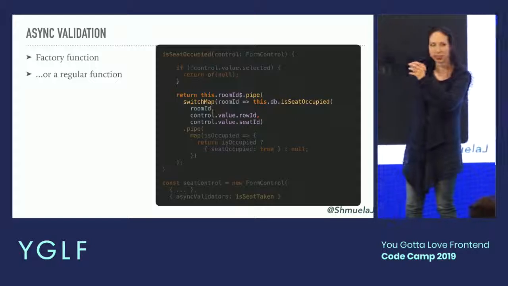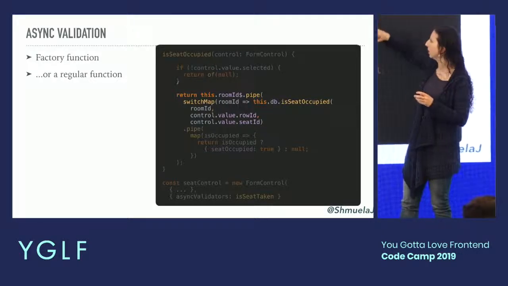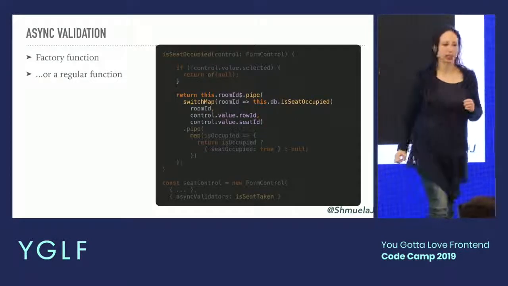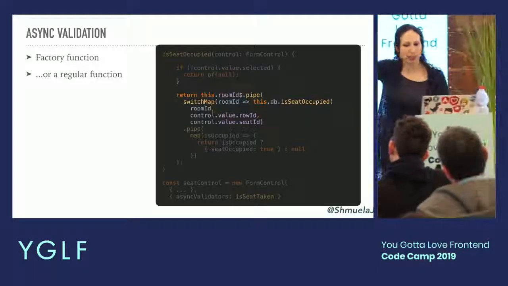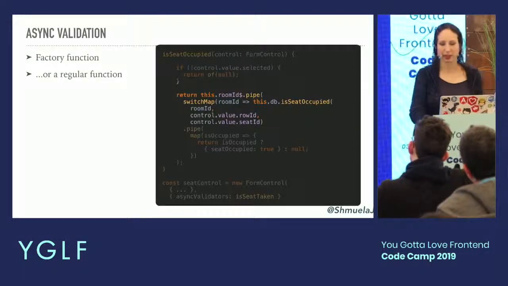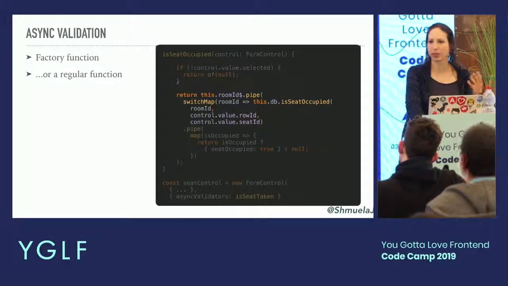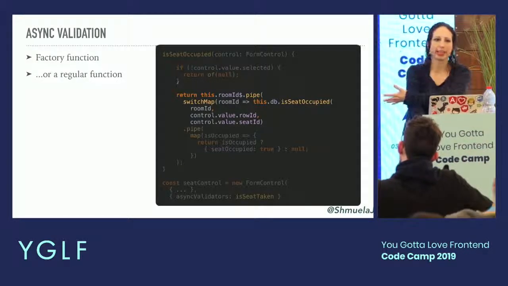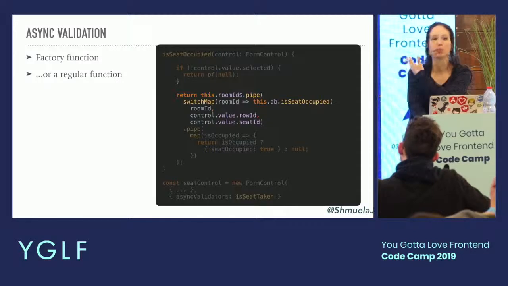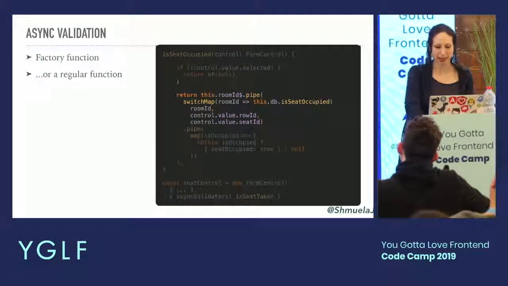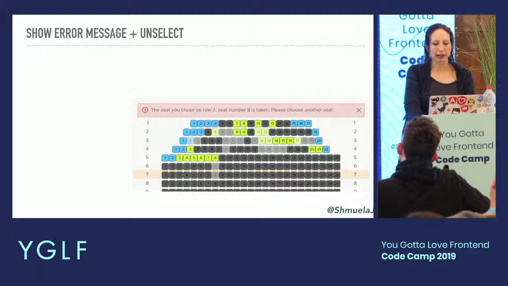So I have the latest result and I'm switch mapping it to the method that's checking it with the server and just passing the room ID to it. Okay? Isn't that great? Now we saved a lot of memory by using observables that already hold the data. Okay, so last thing. Almost last thing.